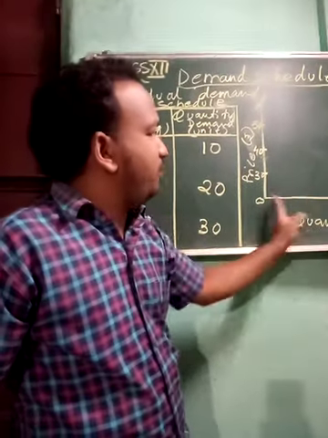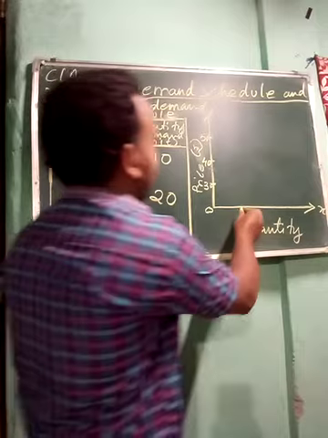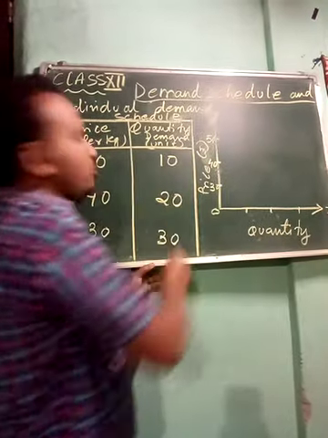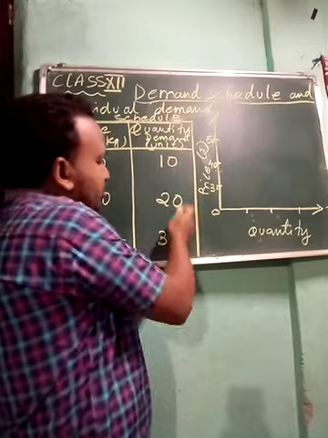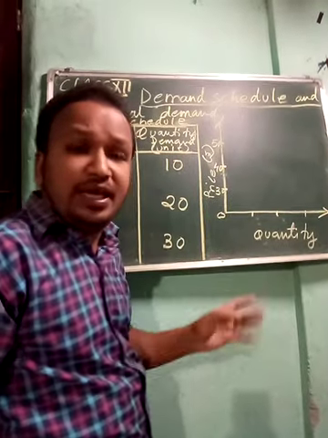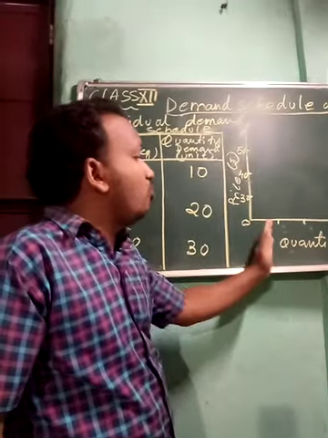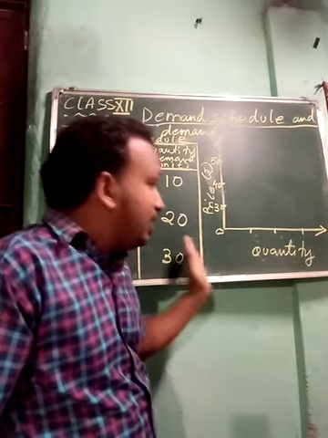Now you have three prices, and here you have three quantities also. In the same way we will take an equal gap for the quantity. So here also we have 10, 20 and 30. You will take the quantity numbers from small to big, that is in increasing order.